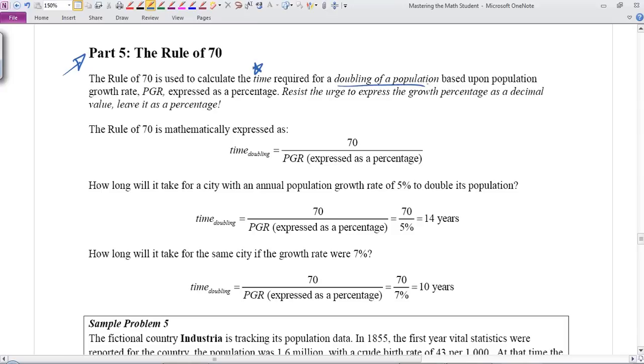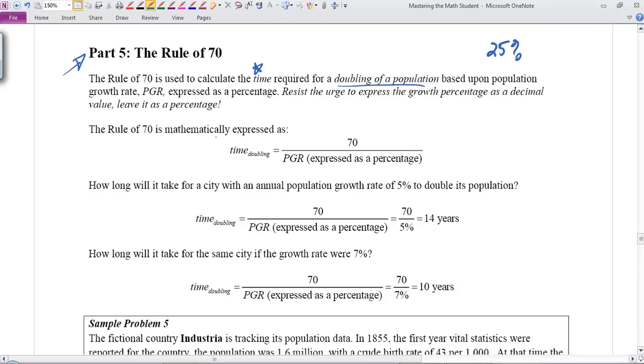It's based on population growth rate, which is why we had to talk about that first, when that growth rate is expressed as a percentage. The rule of 70 uses it, so resist the urge to express the growth rate as a decimal value. You need to leave it as a percentage. So if it's 25%, you're not going to say 0.25, you're just going to toss 25 into that denominator.